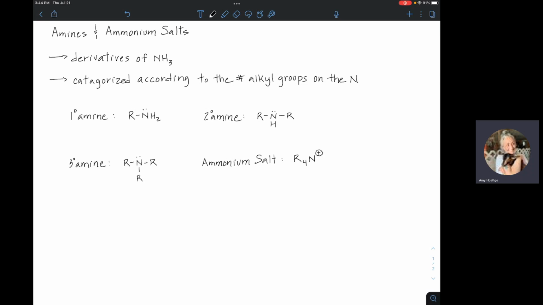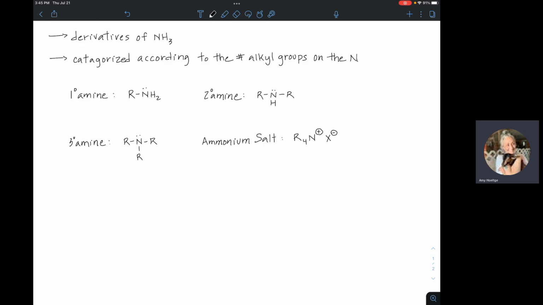The nitrogen will have a positive charge, and then there will be some anion that's coordinated with it, so ionically bonded to it. With these little ionic compounds, when those R groups on the ammonium salt are hydrogens, or even if just one of them is a hydrogen, you can think of that as a weakly acidic compound. So that's sort of like a little delivery system for a hydrogen, or a proton, I should say.